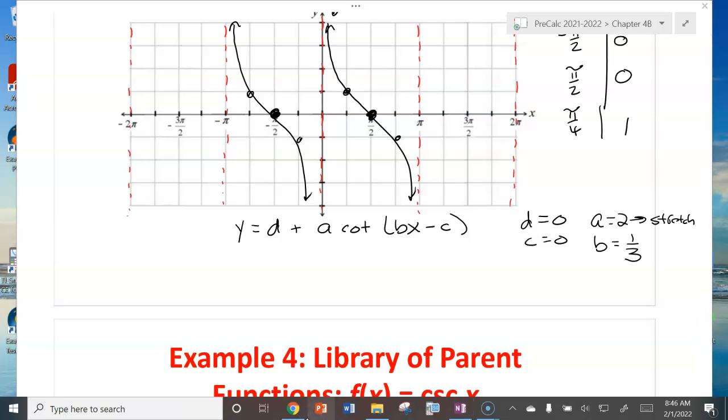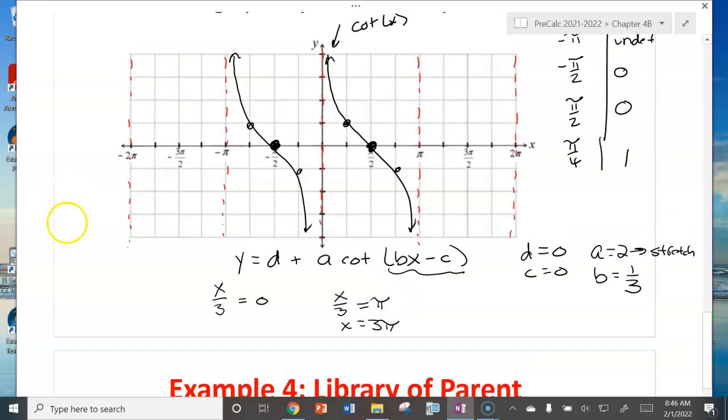So for our asymptotes, whatever is in here, we're going to set that equal to 0 and equal to pi. And in our case, it's just x over 3. So x over 3 equals 0. X over 3 equals pi, so x equals 3 pi.